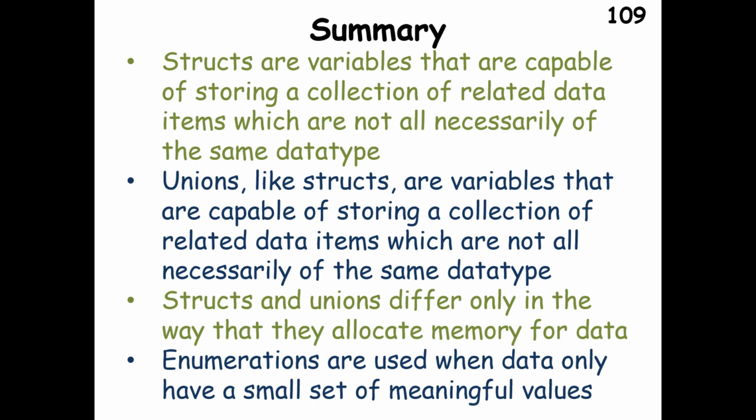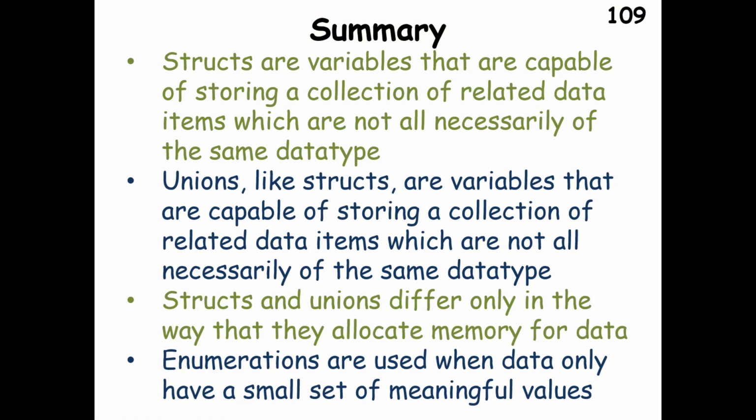For example, a struct can store information about a person, including their name, age, and address, all in one variable. And unions are similar to structs in that they can also store a collection of related data items. However, unlike structs, unions allocate memory in a way that only one member of the union can be accessed at a time. And this makes unions useful when you need to conserve memory and only one piece of data needs to be stored at any given moment.